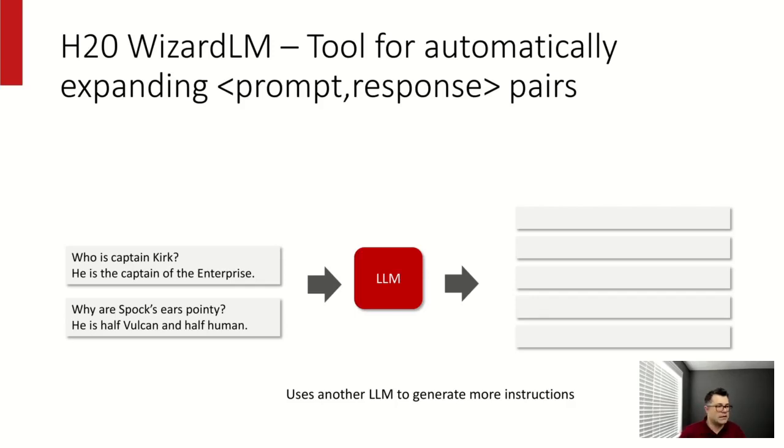One thing I wanted to mention here is, if you are contemplating fine-tuning your own models, there is a tool called H2O WizardLM that, given a set of prompt response pairs, will basically use a large language model to create more training data for you. The challenge is that if you're a business and you want to apply a large language model to your own data, it's expensive to generate the training data.